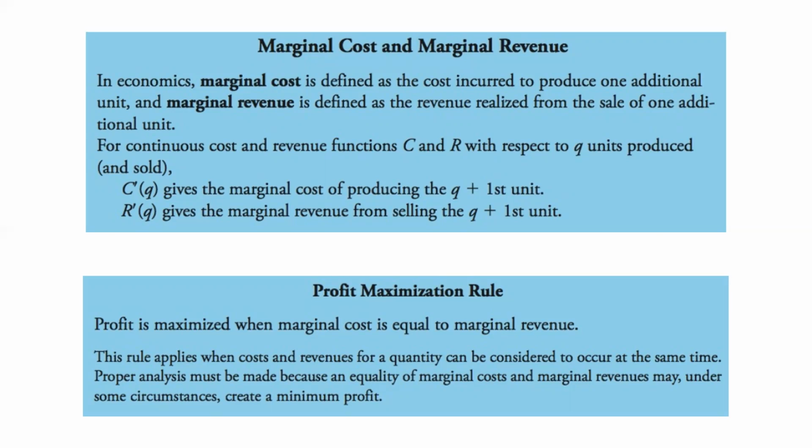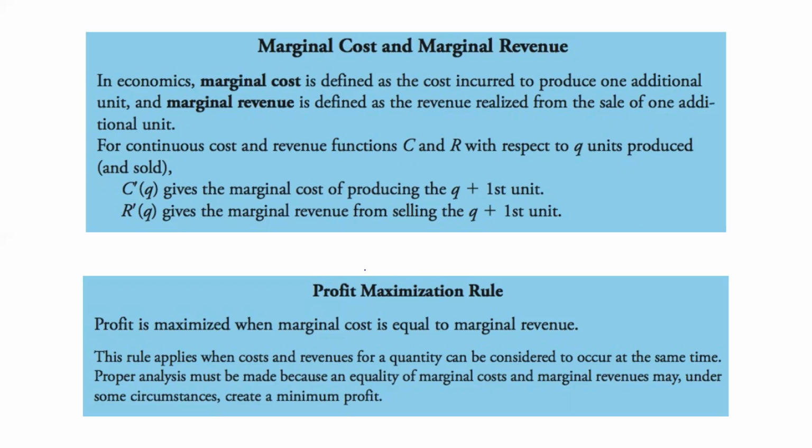So for continuous cost and revenue functions, C and R, with respect to Q units produced and sold, our derivative of either the C or the R with respect to Q gives our marginal cost or marginal revenue of producing that Q plus first item. Okay, so that's kind of the key. And so that's how we can get our marginal cost or marginal revenue, by taking the derivative.